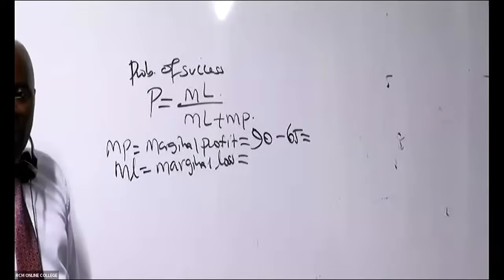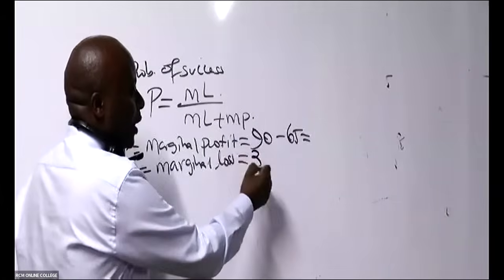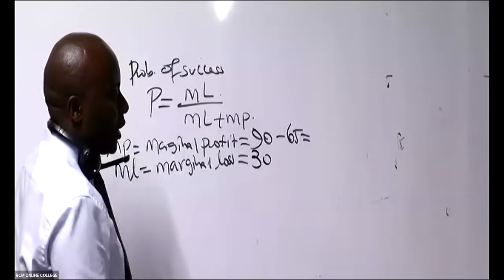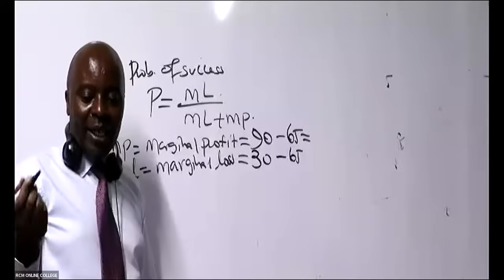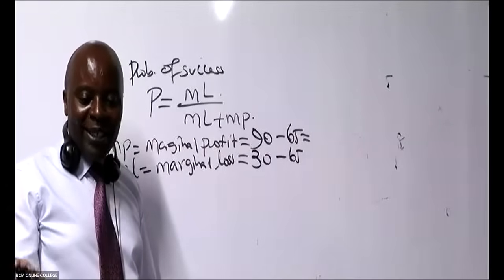The bad selling price is 30. If we don't sell it today, we shall sell it tomorrow for 30 bob. But the seller does not care when you will sell it. The seller charged you upfront 65.